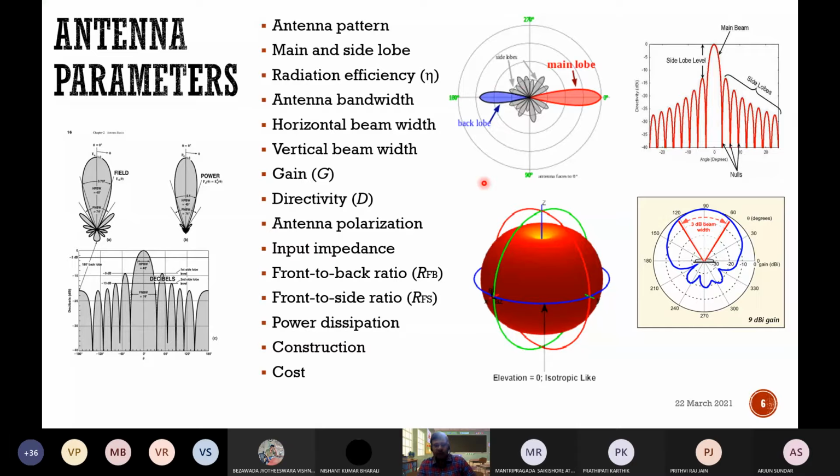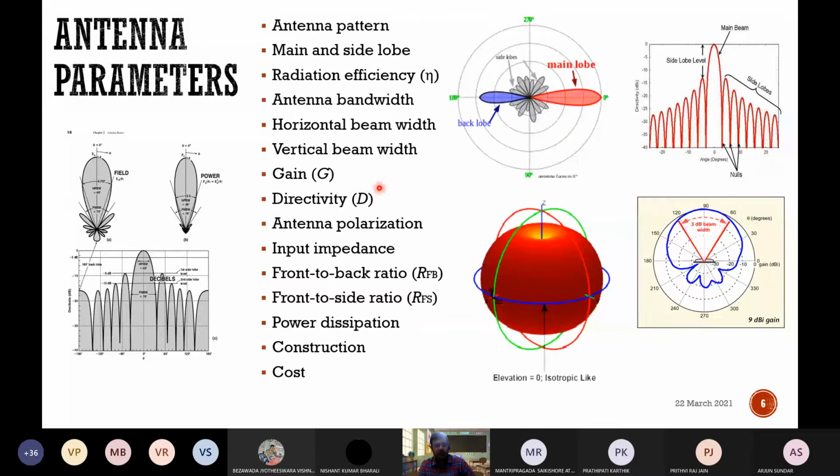More or less we have seen all this. Then beam width is how sharp the main beam is. If it is very sharp, the beam width is very small, and we say the antenna has very good resolution and good directivity. It is able to see in a particular direction very well.